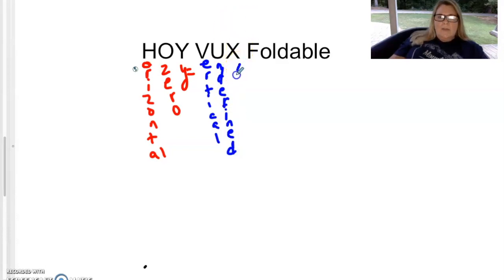And the equation of that line is x is equal to a number. So that HOI-VUX is a little acronym that helps you memorize that if it's a y equal to a number, it's horizontal. If it's an x equal to a number, it's a vertical. And your teacher will go over that with you in class.